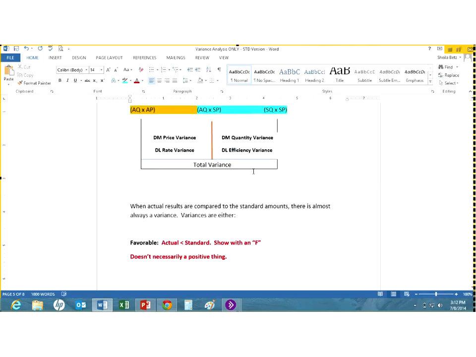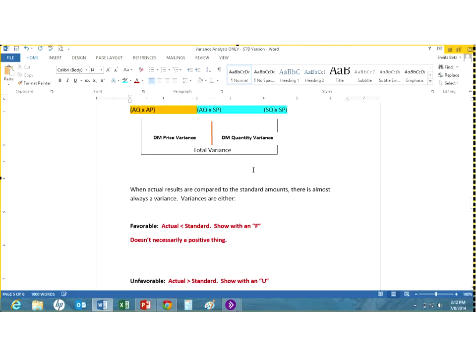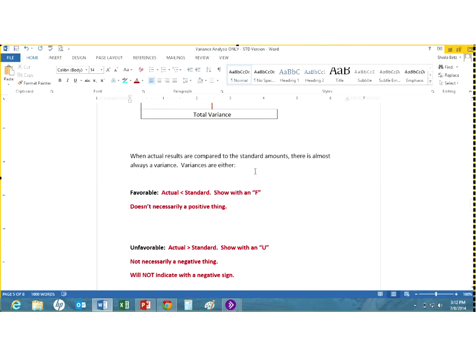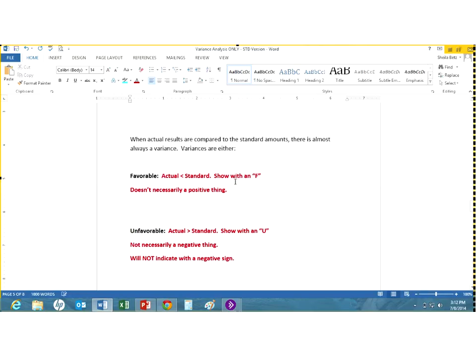So when we're comparing the variances, we're not going to show if it's a positive or negative number. What we're going to show is if it's a favorable variance or an unfavorable variance. A favorable variance is when the actual number was less than what we had expected, the standard, and we're going to indicate that with an F. Now, even though we're saying it's a favorable variance, that doesn't necessarily mean it's a good thing or a positive thing.